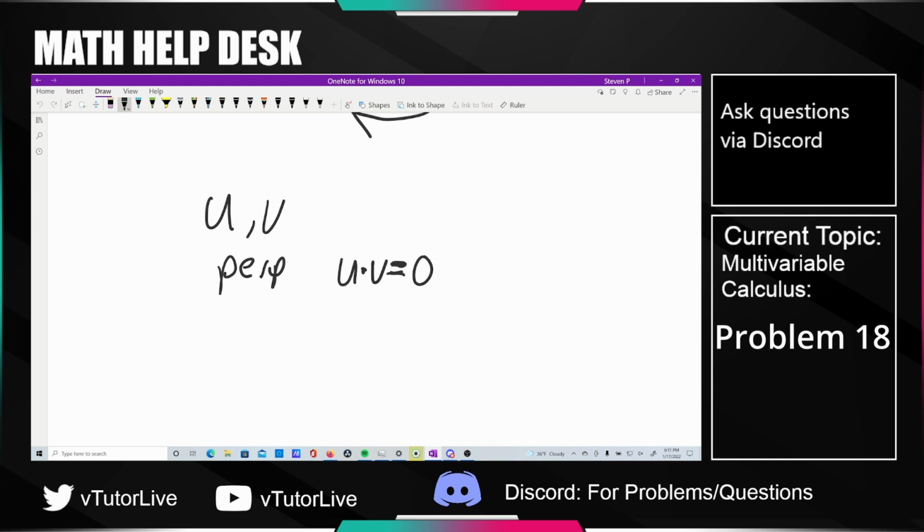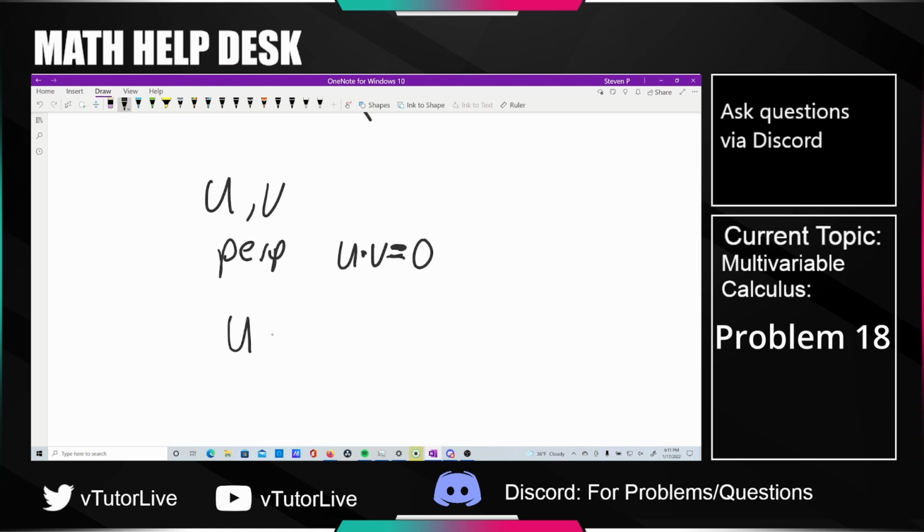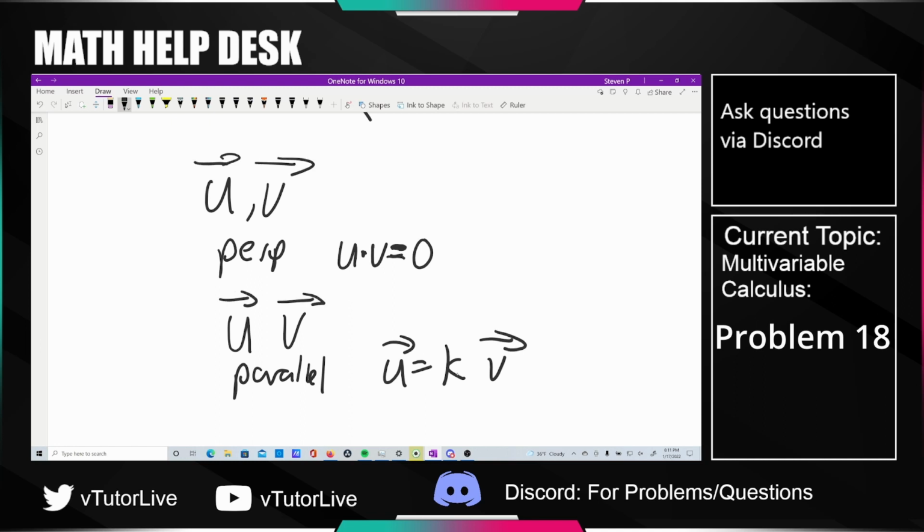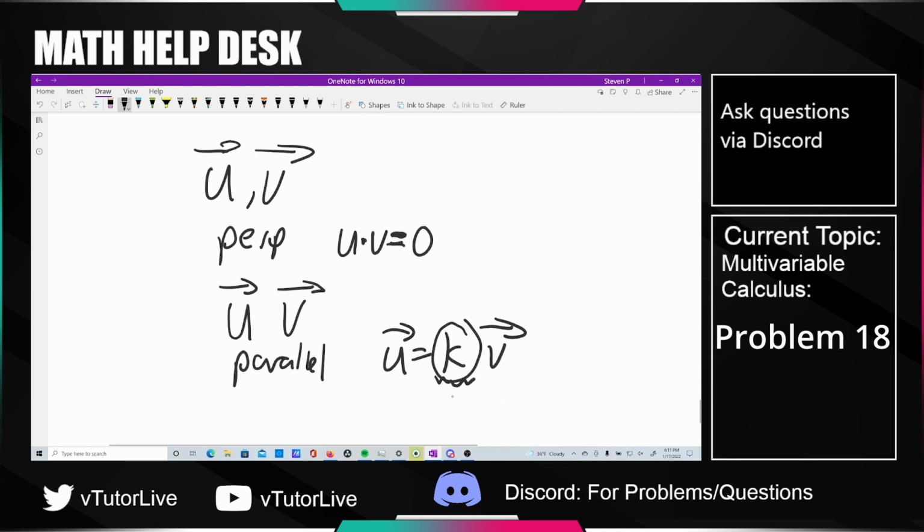Parallel should be computationally simpler, because u and v are parallel when u is equal to some scalar k times v. I'm really inconsistent about drawing the arrows on these things, but hopefully it's clear from context. Basically, if there's some non-zero scalar factor k, and keep in mind this could be positive or negative, k is basically a stretching factor.